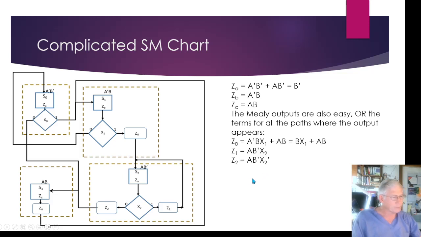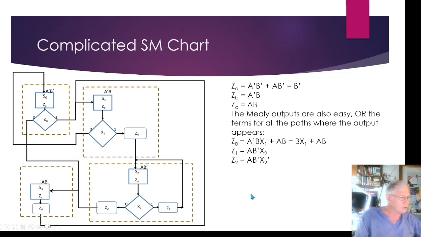Sorry, I got ahead of myself. Z1 then would be A B prime X2. And then Z2 is A B prime X2 prime, because it's where X2 is 0. So now we've described all 6 outputs, the 3 Moores and the 3 Mealys.